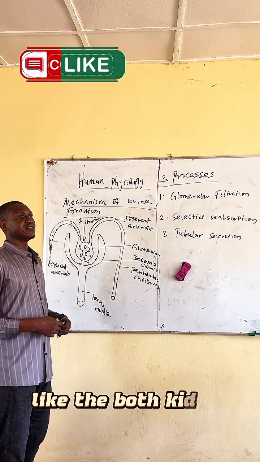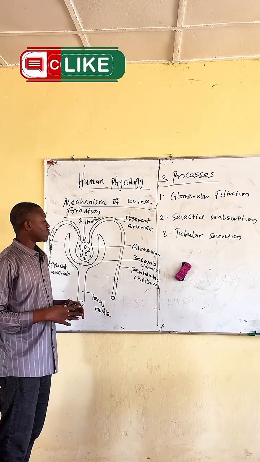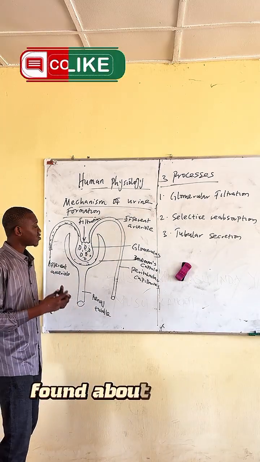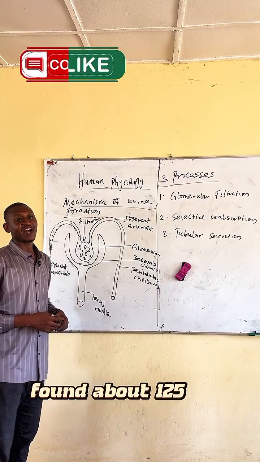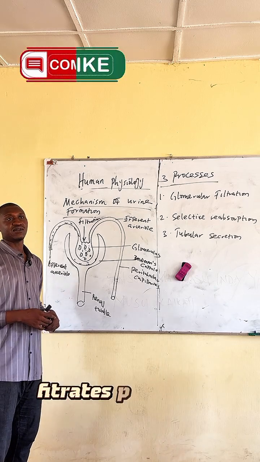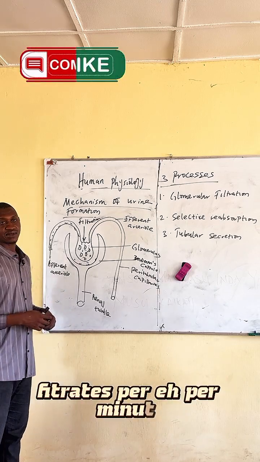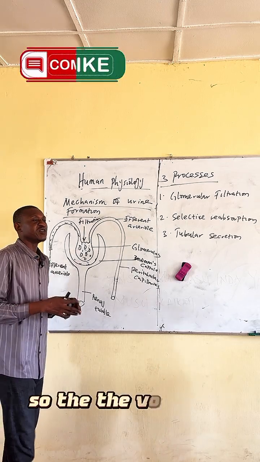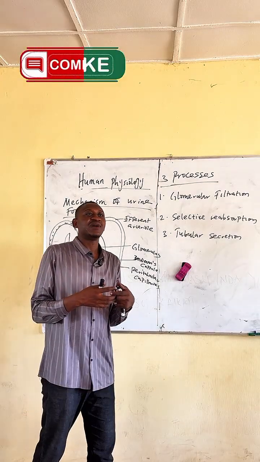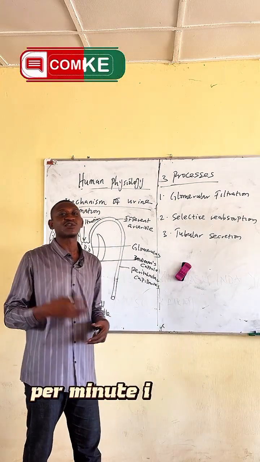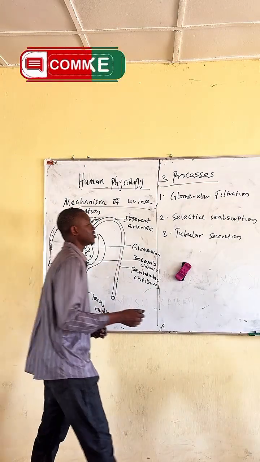Both kidneys form about 125 ml of filtrate per minute. So the volume of filtrate formed by both kidneys per minute is called the glomerular filtration rate.